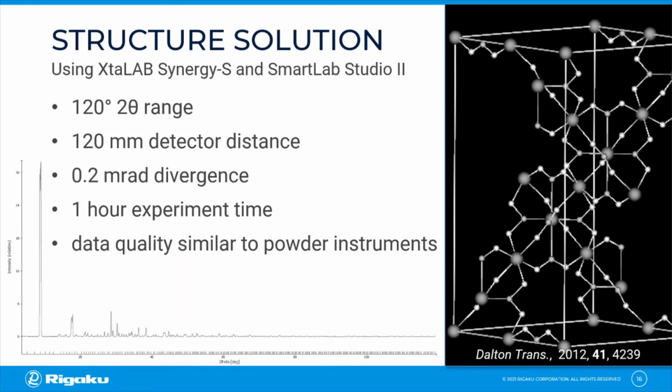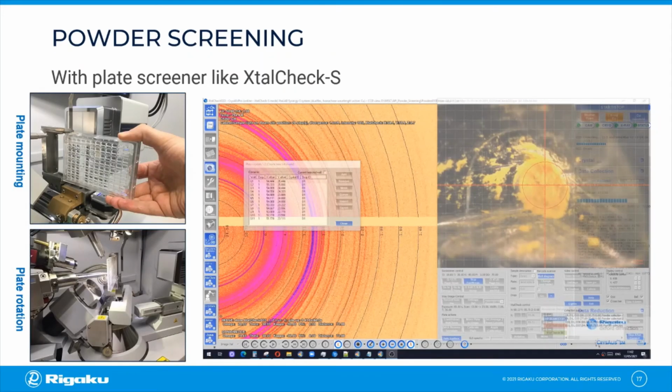We performed, for example, this experiment of this metal organic framework on the right-hand side with a wide 2 theta range and at a long detector distance and with a very low divergence. And we ended up with a data quality that is very similar to powder diffraction data from an actual powder instrument. And these data were sufficient for structure solution. But you can do more.